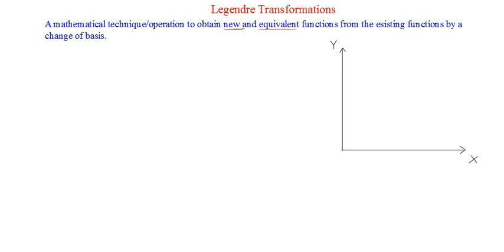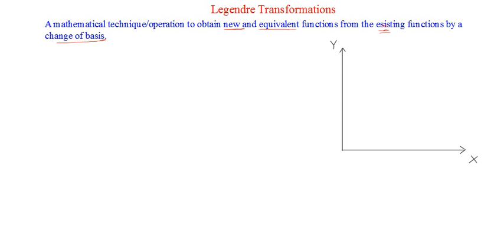That is the meaning of equivalent function. But the two functions that we are defining by Legendre transformation will find their application in different contexts, different situations. They are equivalent functions from the existing functions by a change of basis.